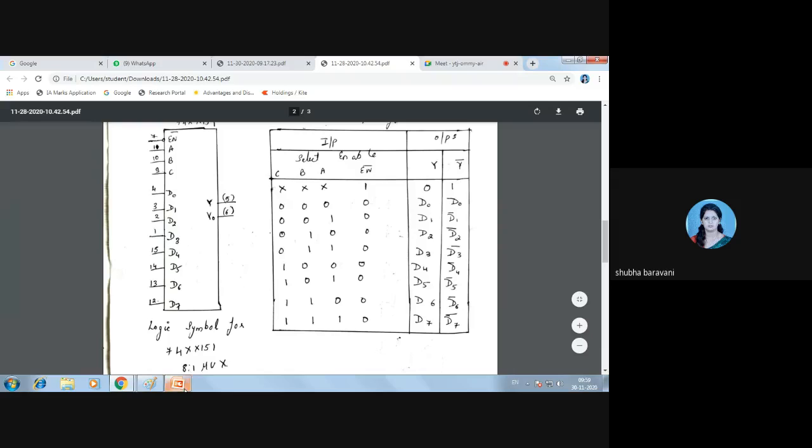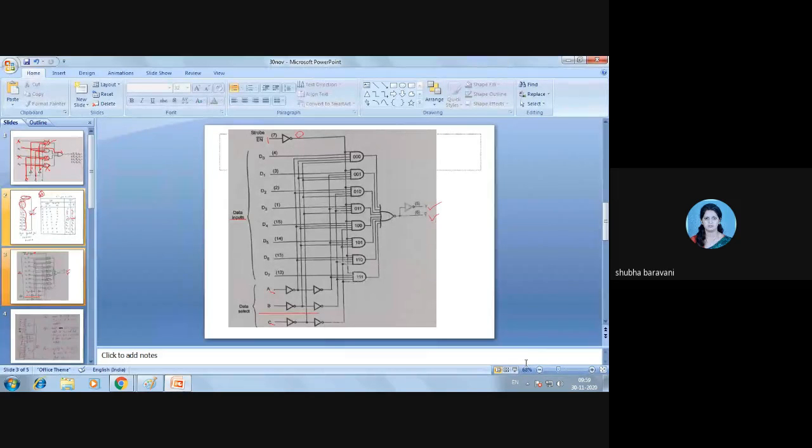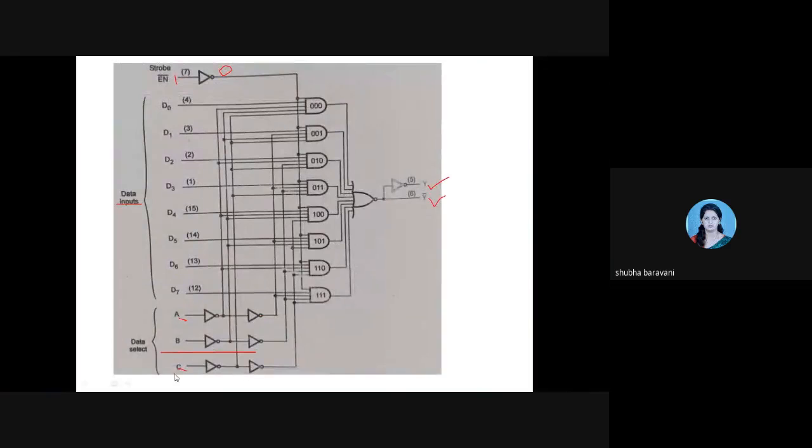So I'll come back to this diagram. Now see, the analysis is the same as what we had done for the 4 to 1 mux. What I said, your enable bar is 0, so here I am getting 0 and inverted I am getting 1, so all the AND gates are getting one input from enable as 1.